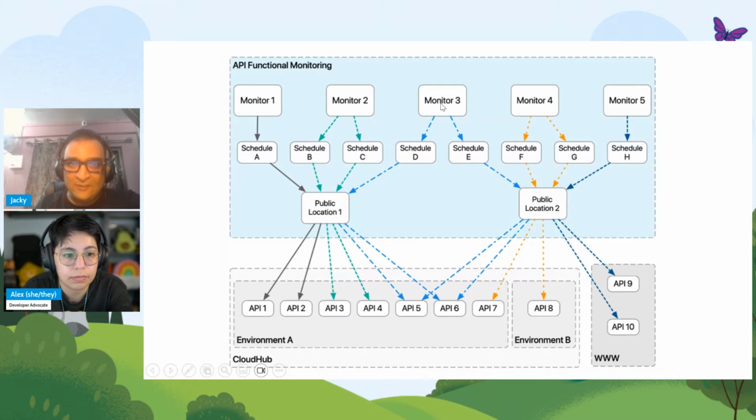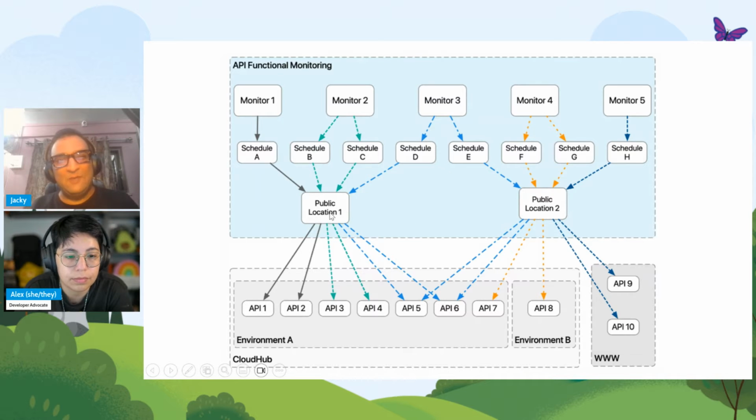Schedule D is monitoring the API via public location one, and it is also monitoring the API via public location two. Also, you can monitor any API which is available over the public internet, over the www. So it's a simple architecture.